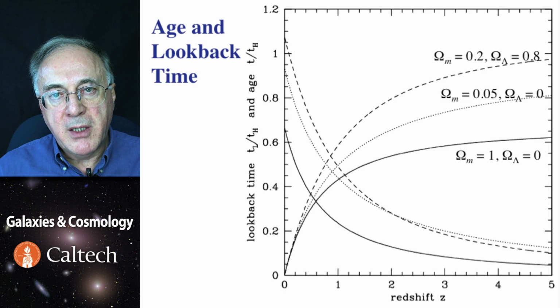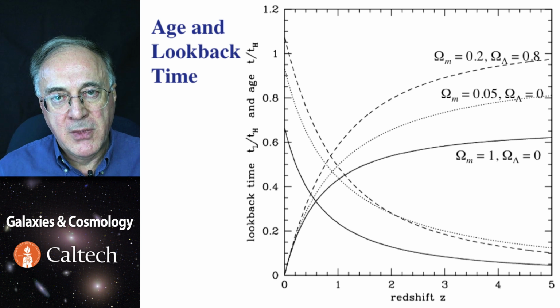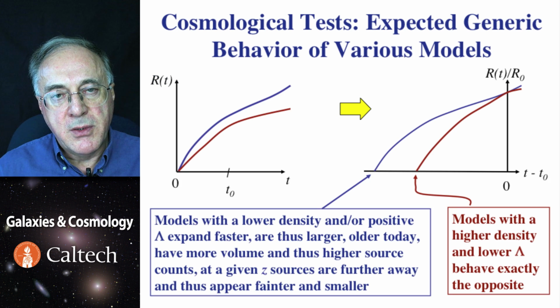So here is the look-back time as a function of redshift, or alternatively, age of the universe as a function of redshift, measured in units of the Hubble time for a variety of different models. They all behave qualitatively in similar fashion, but the curves are separated. So this is what will lead us into cosmological tests.